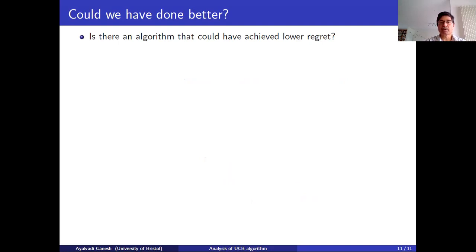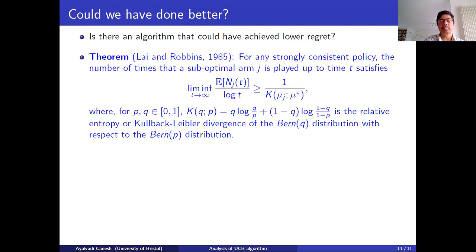Could we maybe get log log t, or even a constant not growing in t? Is that possible? And the answer turns out to be no, there is no algorithm which can achieve regret growing slower than logarithmic in t. We won't prove this result. I'm just going to state some results related to it.